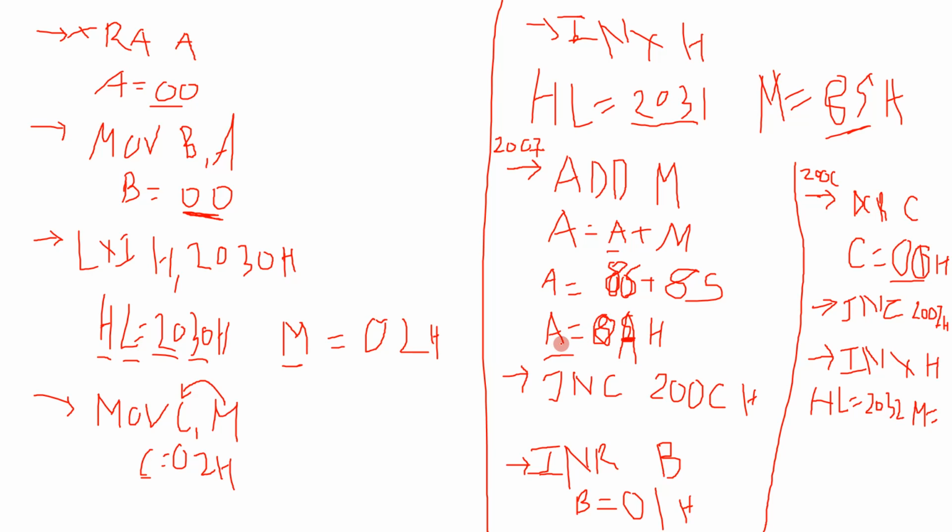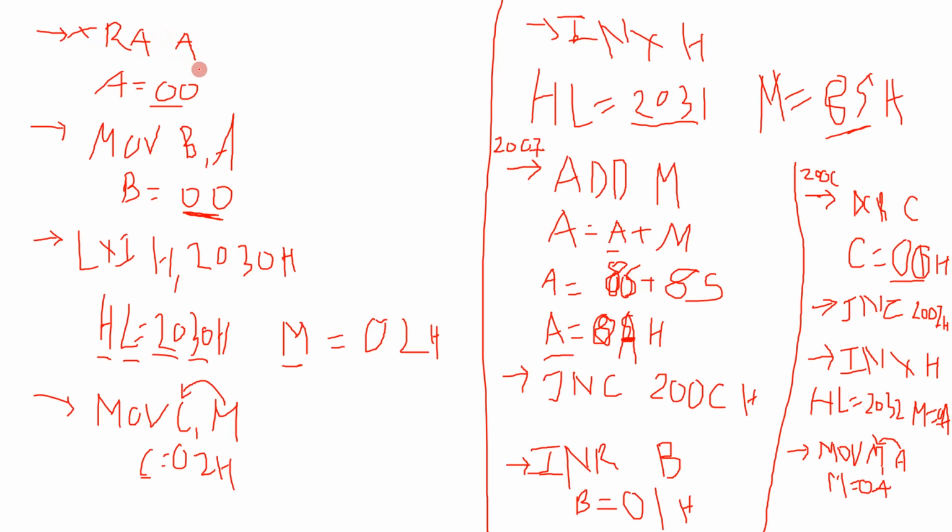The next instruction we will use is MOV M comma A. That means contents of A will be copied into M. A is how much? 0A. So M will be how much? 0A. And at location 2032 at M we have successfully stored 0A.